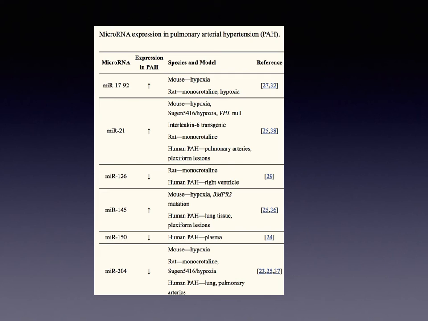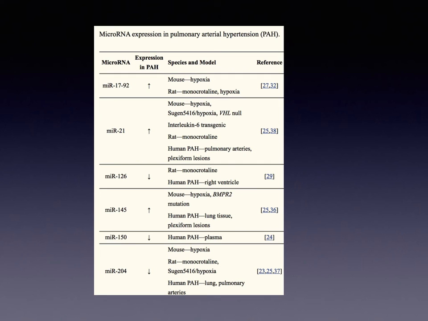Another study used microarray on plasma from 8 patients with pulmonary hypertension compared to 8 healthy subjects. This study identified differences in 58 MIRs between the groups, with MIR 150 highlighted as the most significantly reduced MIR in pulmonary hypertension patient plasma.